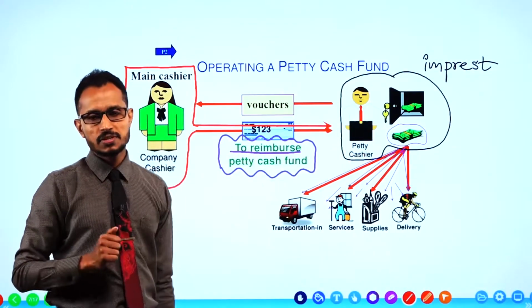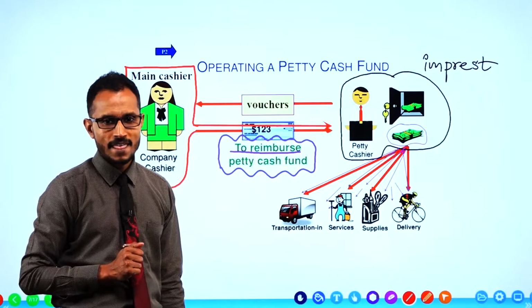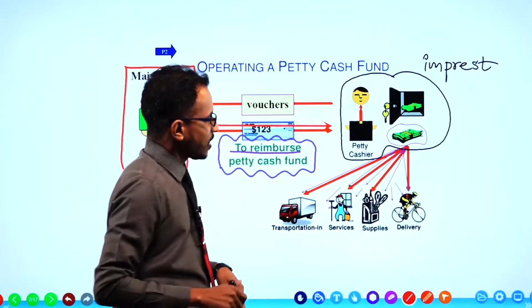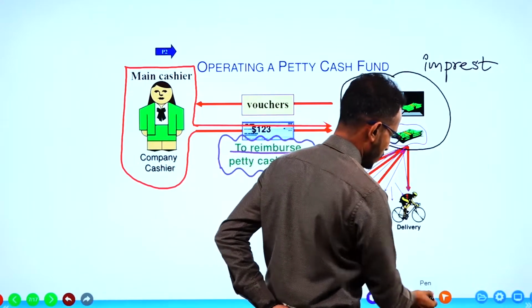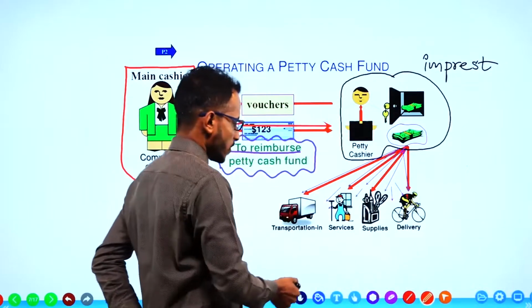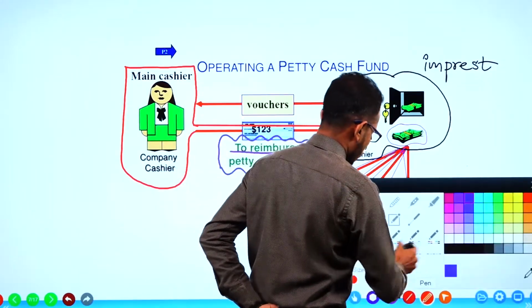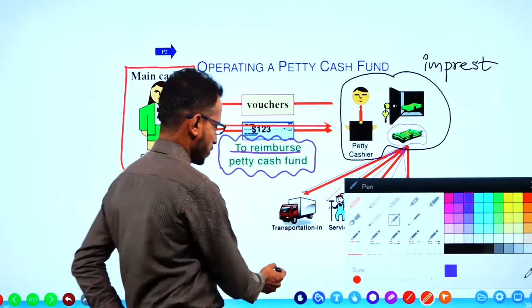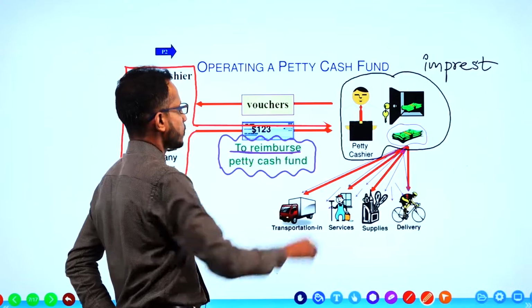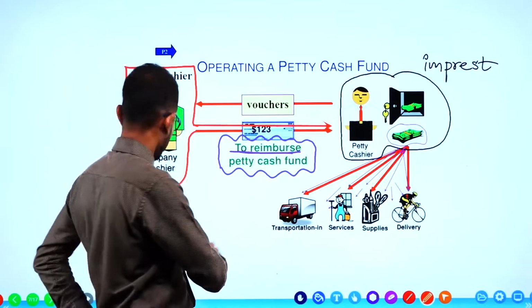That is called reimbursement. I hope you got it, children. Not so very hard to understand, right? That is called the petty cash reimbursement.